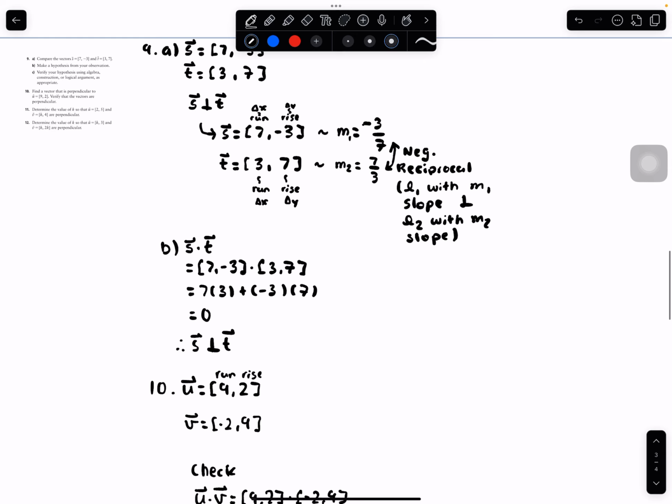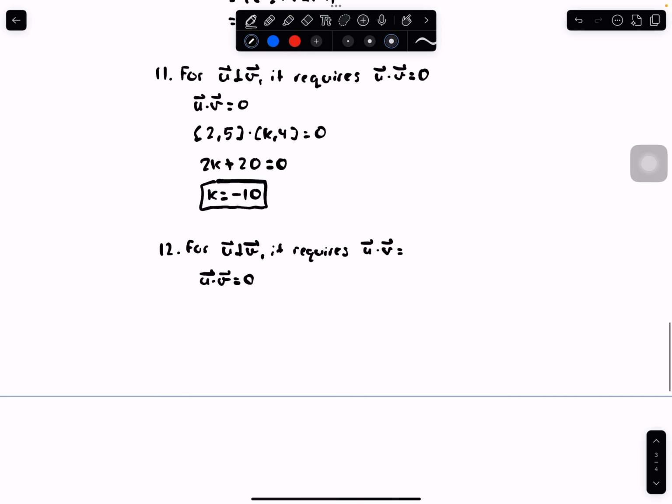So u in this case is k, 3 and k, 2k. Okay, so then we get k squared plus 6k, just using component-wise multiplication, then adding.